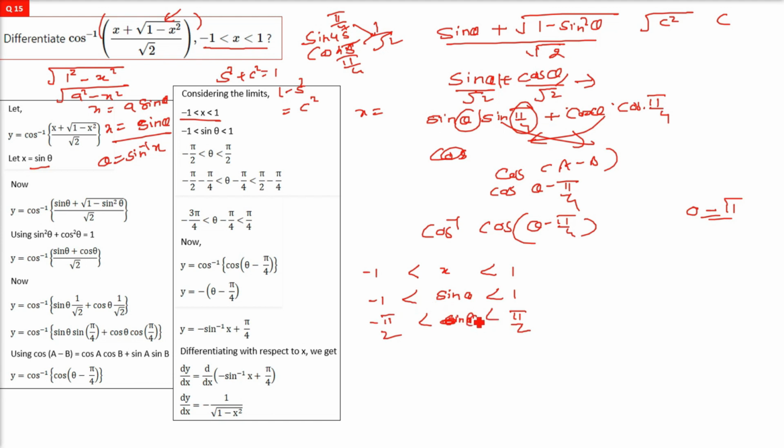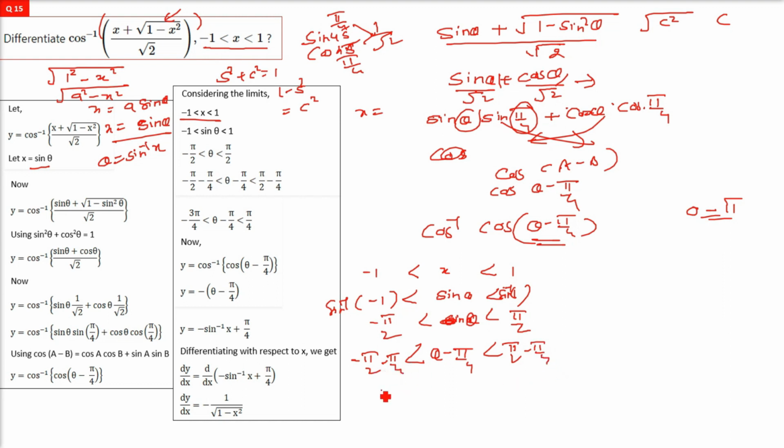Now this is a theta basically, not sin theta, it is theta. Because assume we have applied sine inverse on all the sides, all the content here. So negative pi by 2 and pi by 2. But you need theta minus pi by 4, that is inside. You are checking that only, no? So you have to subtract pi by 4 on all the sides. So minus pi by 2 minus pi by 4, theta minus pi by 4, and pi by 2 minus pi by 4.